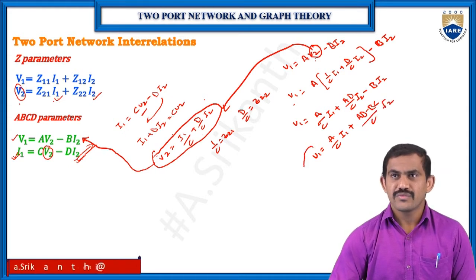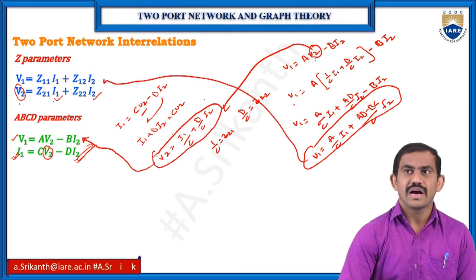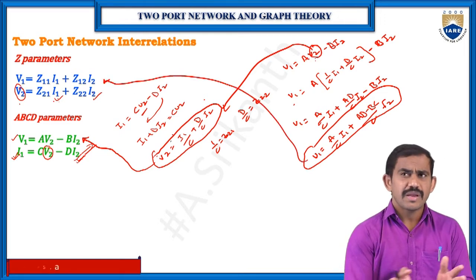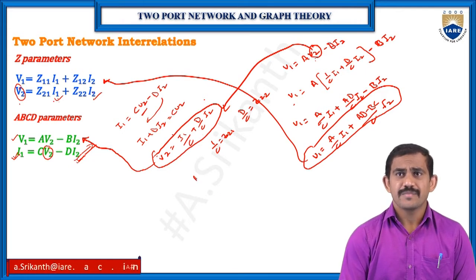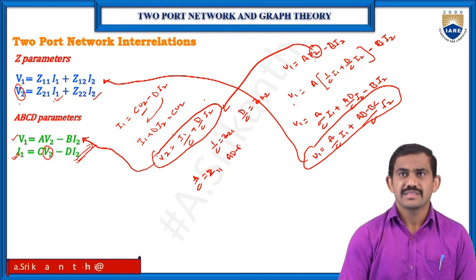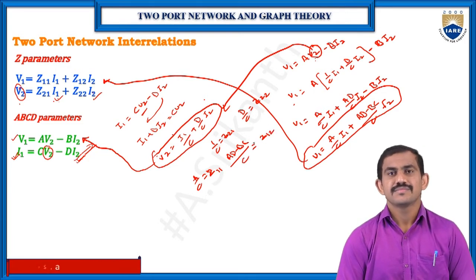Now V1 in form of I1 and I2, then compare with Z parameters equation. We have A by C is nothing but your Z11 value, and AD minus BC by C is nothing but your Z12 value.